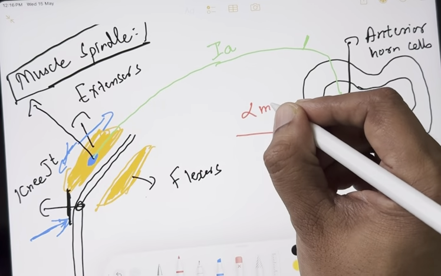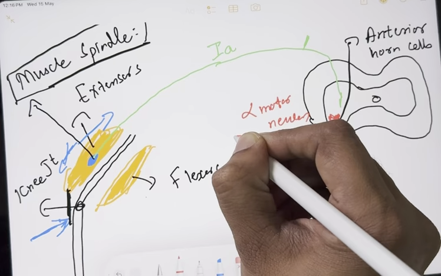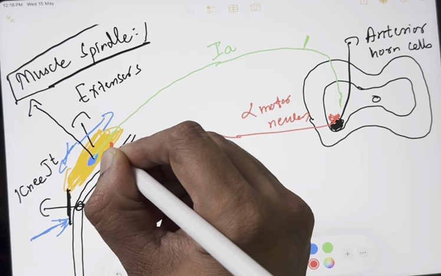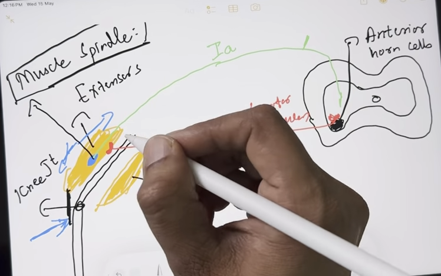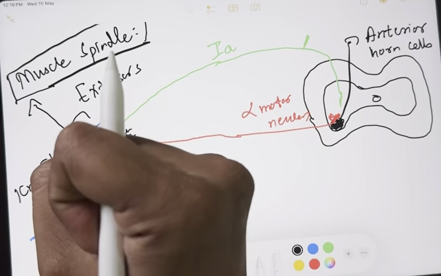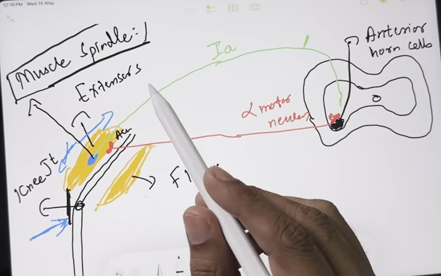This is the alpha motor neuron, and it goes from the anterior horn cells to supply the neuromuscular junction of the extensor muscle. There is a release of the neurotransmitter acetylcholine and the muscle contracts. So there will be extension of the knee joint. This is how the reflex pathway takes place.